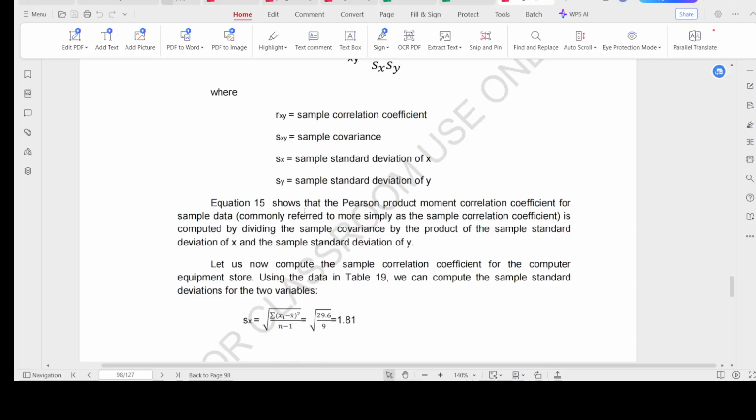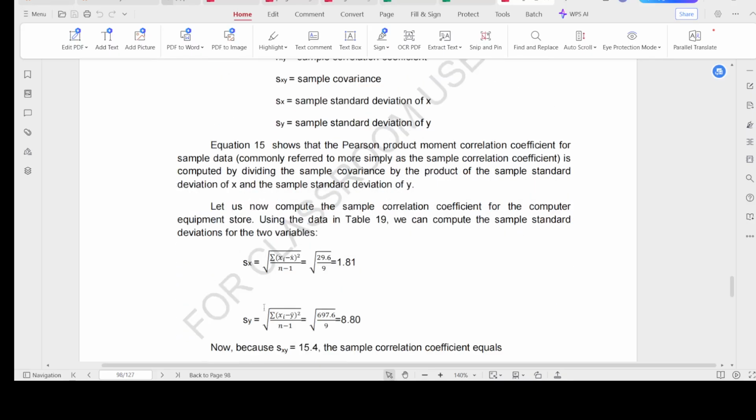So let's compute the SX and the SY. This is the formula: square root of the summation of xi minus x bar squared divided by n minus 1.